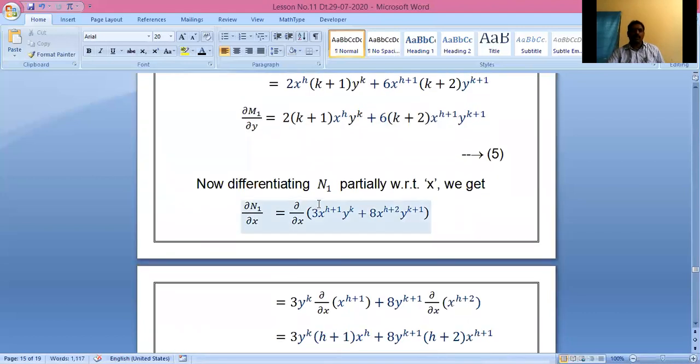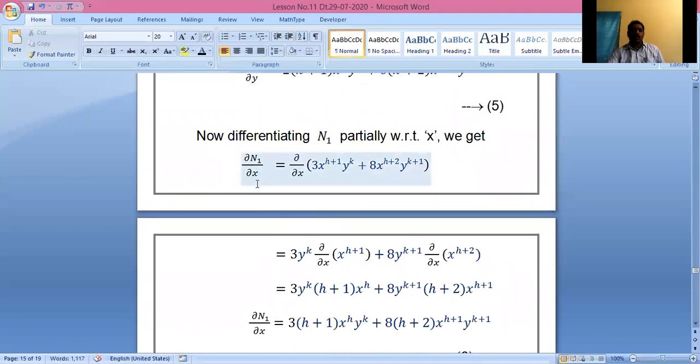Now differentiating n1 partially with respect to x, we get dou n1 by dou x is equal to dou by dou x of 3 into x to the power of h plus 1 y to the power of k plus 8 into x to the power of h plus 2 y to the power of k plus 1. That is equal to, here differentiating partially with respect to x, treating y constant, in the first term 3 into y to the power of k is constant.